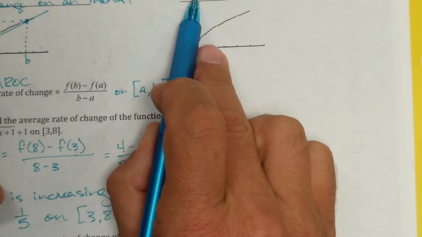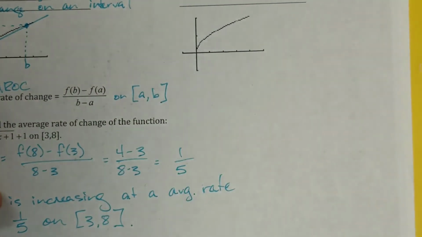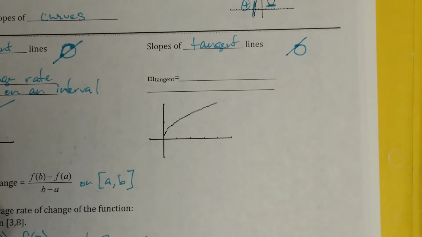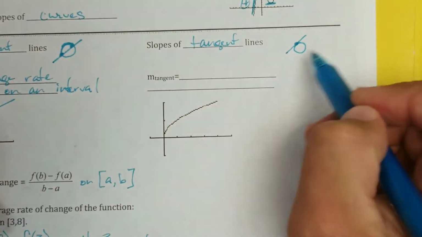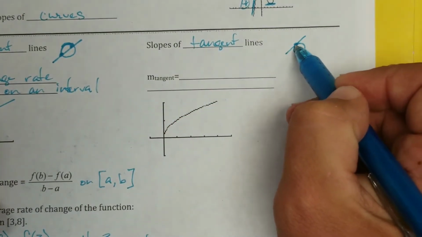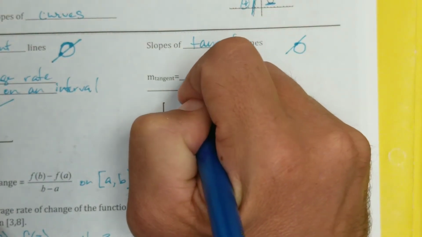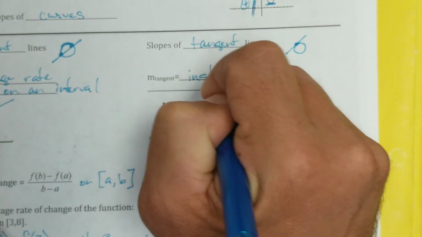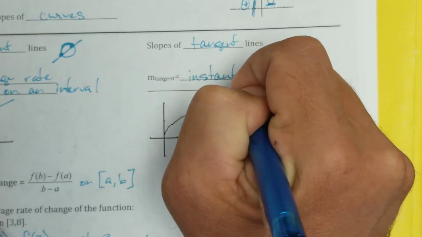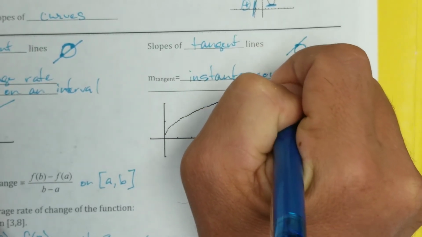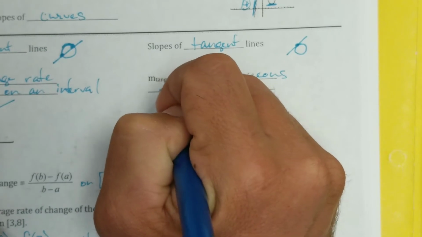So the slope of a tangent, let me drop that down, I'm sorry. There's a tangent line, touches the curve at one point. So the slope of a tangent is known as an instantaneous rate of change.